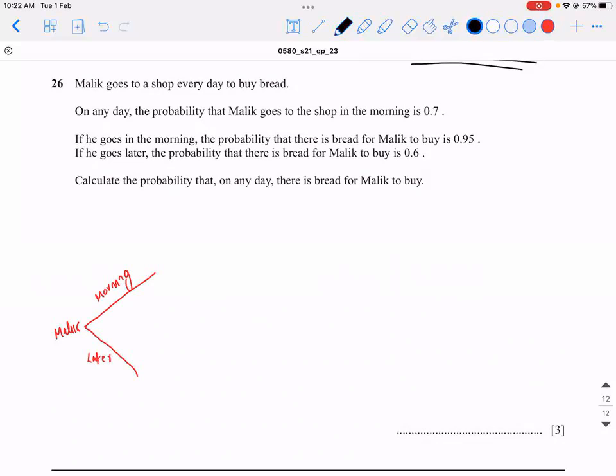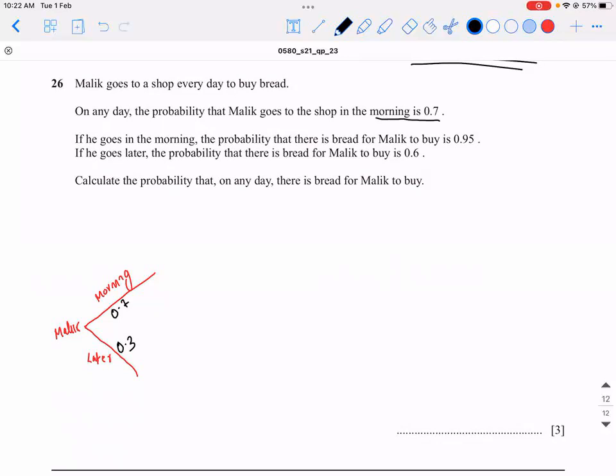The probability of morning is 0.7. We know that the total probability is always 1. So 0.7 plus the probability of later has to be 1, so this has to be 0.3, because 0.7 plus 0.3 is 1, right?